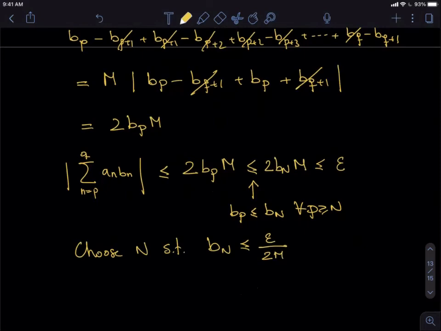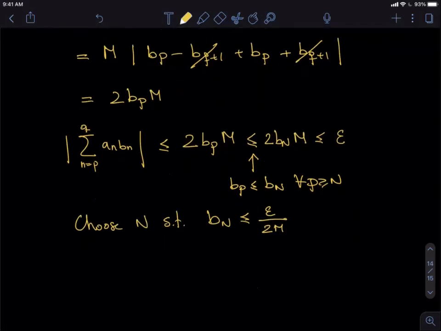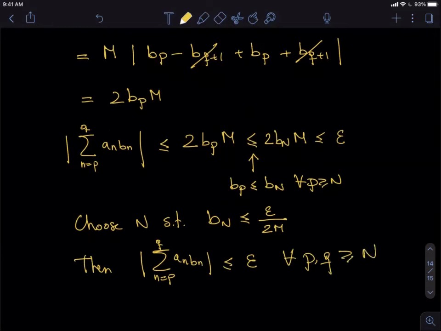If you do this, then you can guarantee that the sum from p to q of a_n b_n is less or equal than epsilon for all p, q bigger or equal than N. Remember, q is bigger than p anyway.